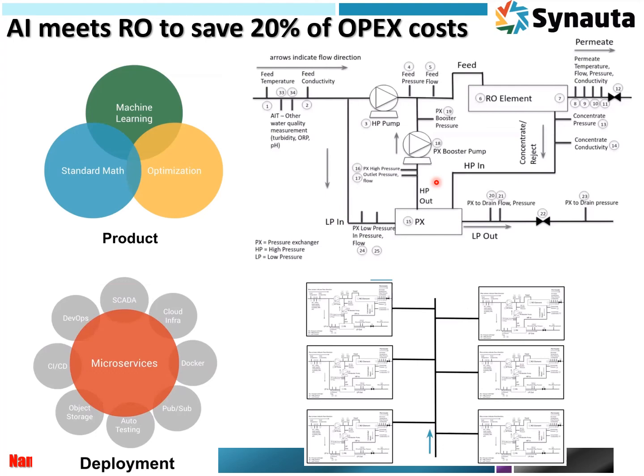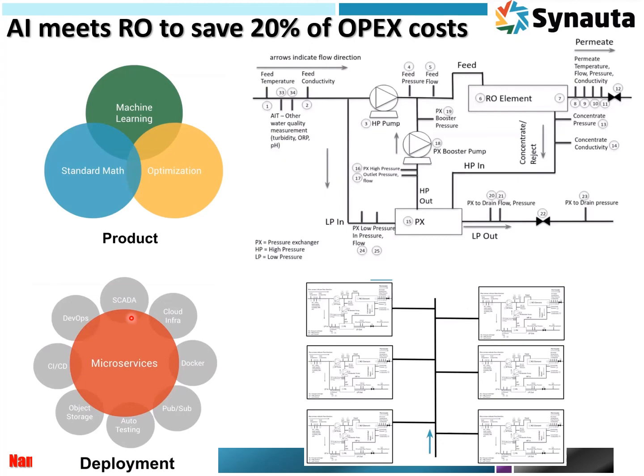So they utilize machine learning when they optimize the high pressure pump, booster pump, and pressure exchanger. Then based on that, they utilize microservices: SCADA system, cloud, infra, Docker, auto testing method.